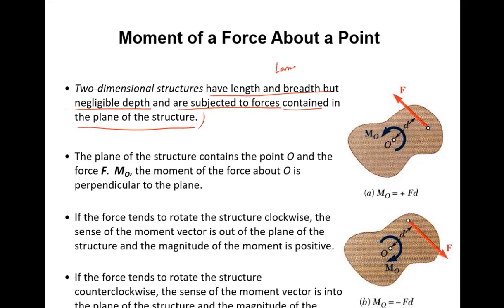It does not have thickness, only two dimensions. The plane of the structure contains the point O and the force F. So MO, the moment of force about O, is perpendicular to this plane.